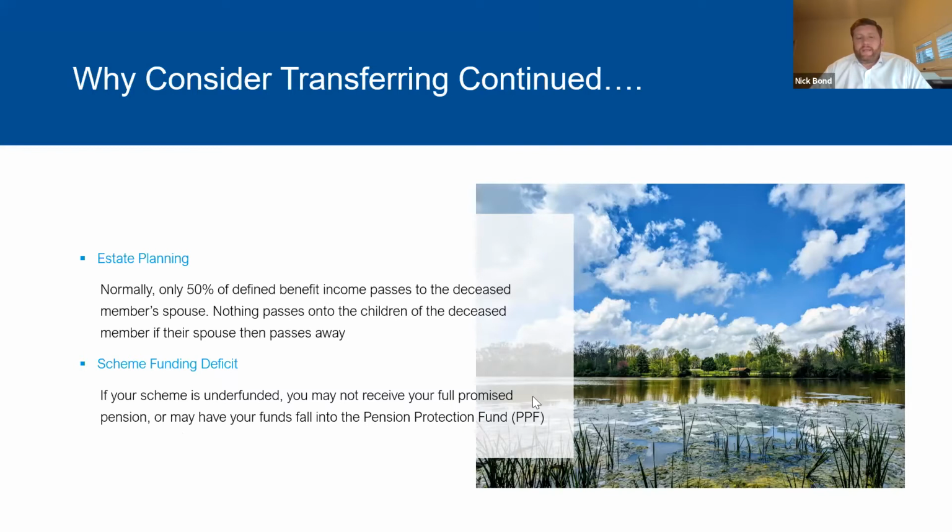If the company can't afford to make the payments it must pay on a regular basis, and the scheme funding deficit gets out of control, that scheme could end up in the Pension Protection Fund. Look, the government does guarantee that pension, but it takes away flexibility.